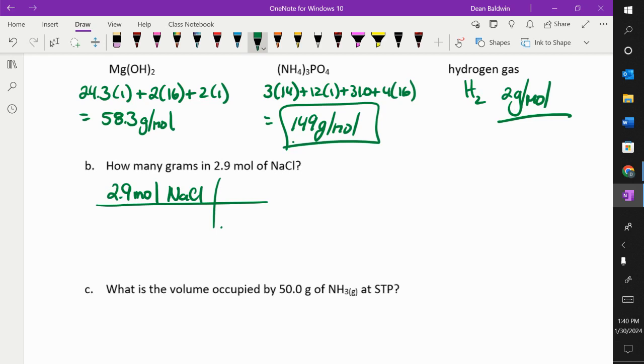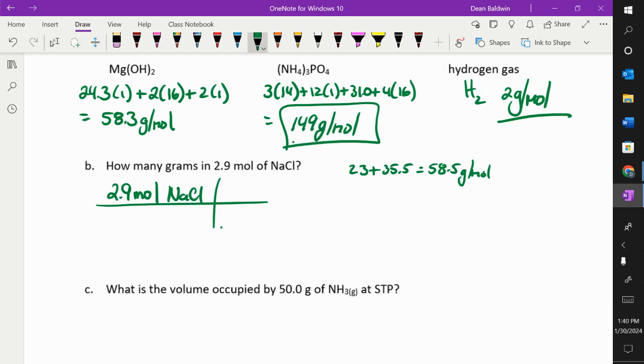What does sodium weigh? 23. What does chlorine weigh? 35.5. You add those together, you get 58.5 grams per mole. So that's what sodium chloride weighs.